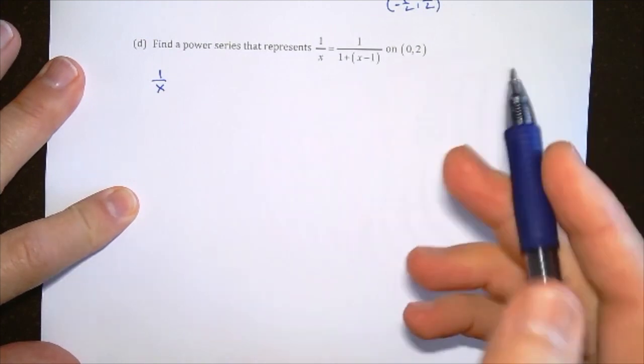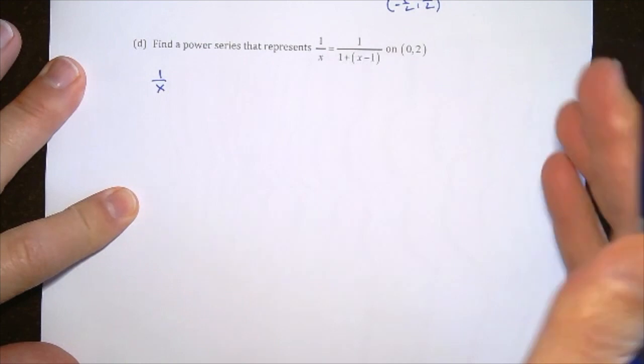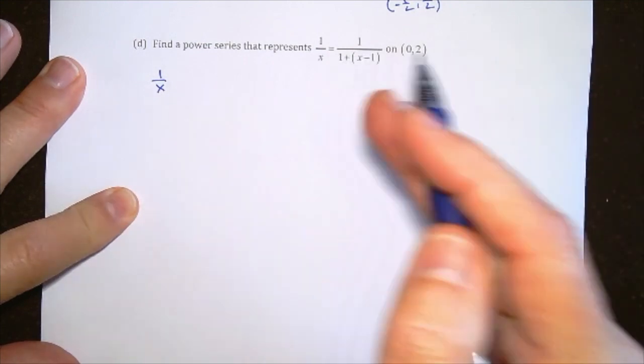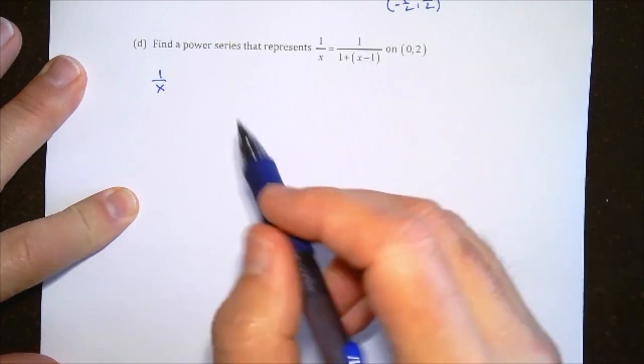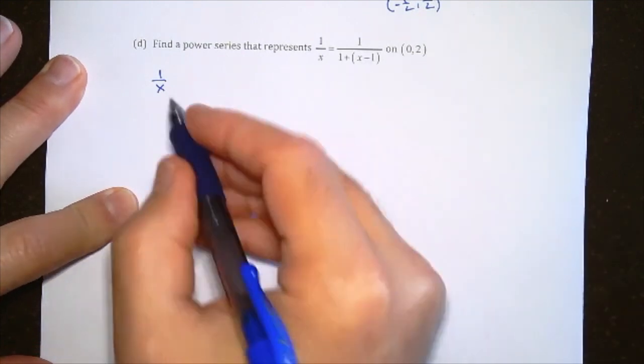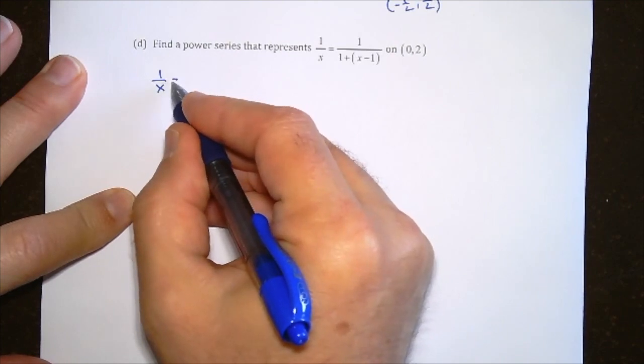Well, it doesn't have to be 1 on the numerator. In this case, it will be because this is 1, but it's going to be 1 over 1 minus something. We need to get it into that form where the denominator is 1 minus. So we still need it to be equivalent to x in the denominator.